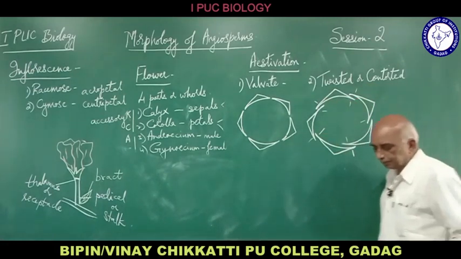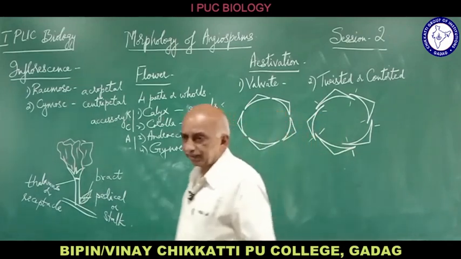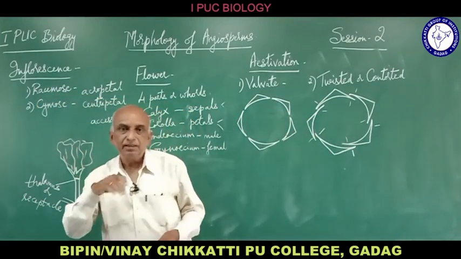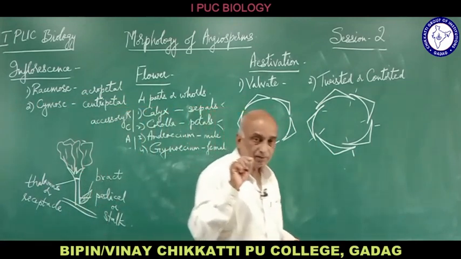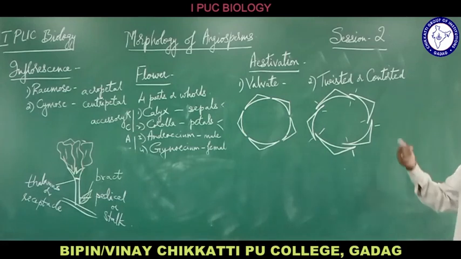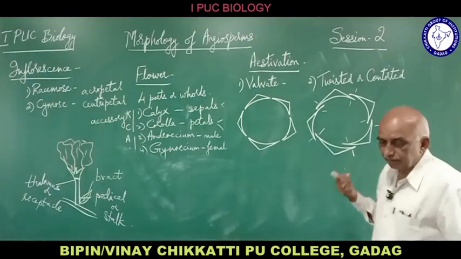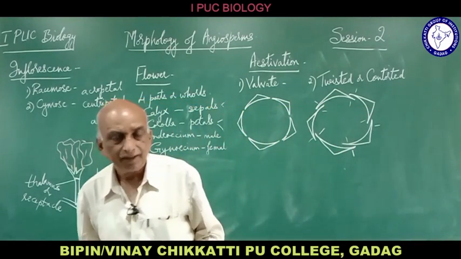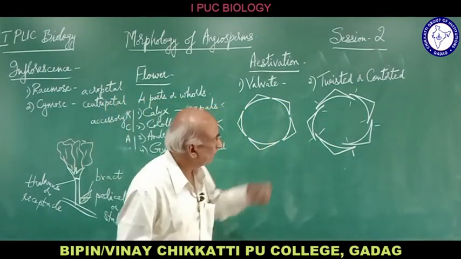All the sepals and petals are arranged such that one is overlapping on the other, with one edge inside and one edge outside of each sepal or petal. That is called twisted estivation or contorted estivation. So estivation means arrangement.